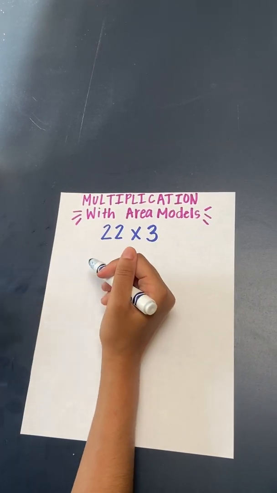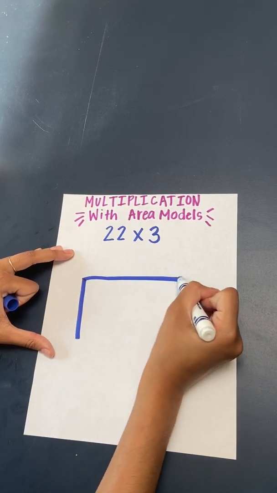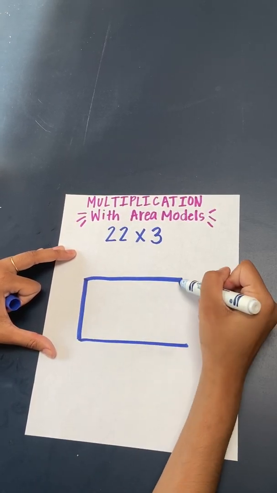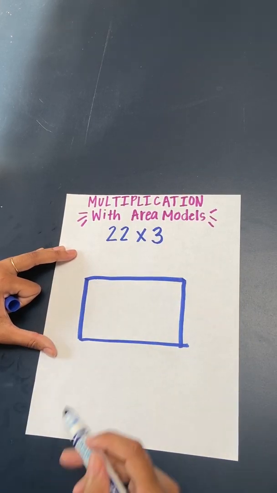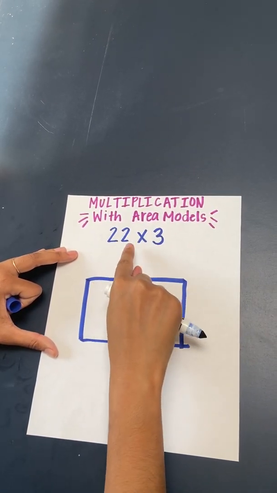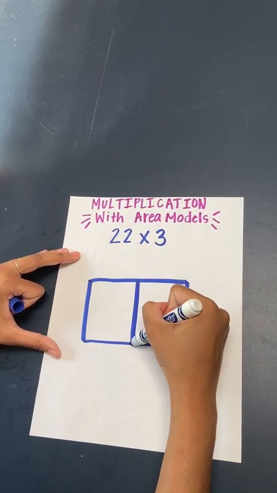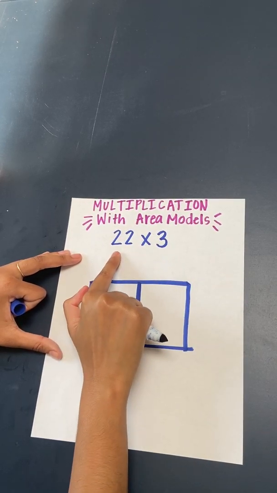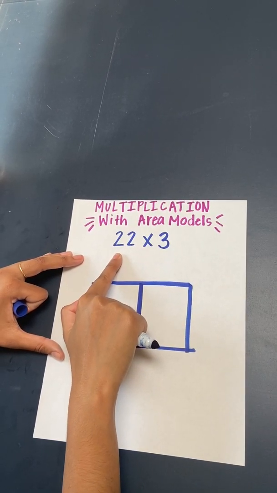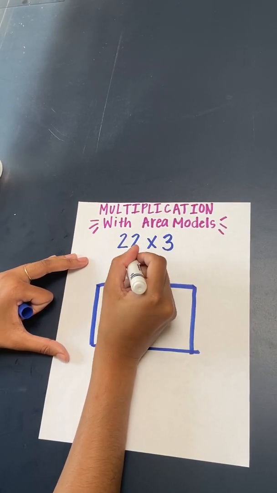And remember, when I use my area model, I start by drawing my rectangle. And because this is a 2 by 1 multiplication problem, which means it's a double digit multiplied by a 1 digit, I need to draw one line here, like that. And I can take my 2-digit number and decompose it by its place value. So this number is 22.